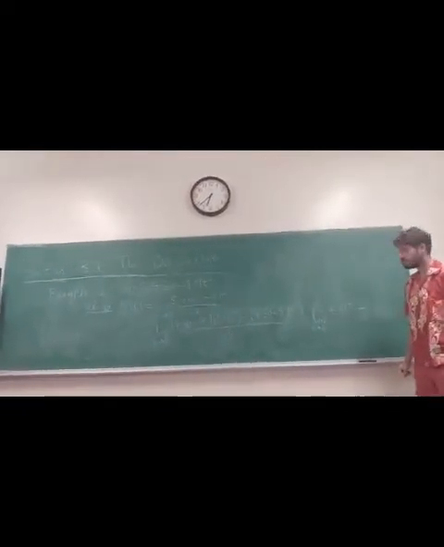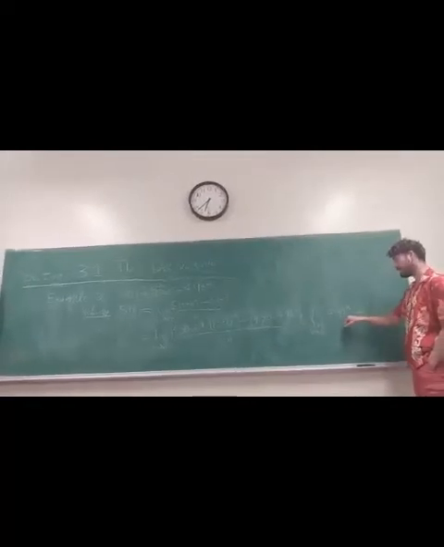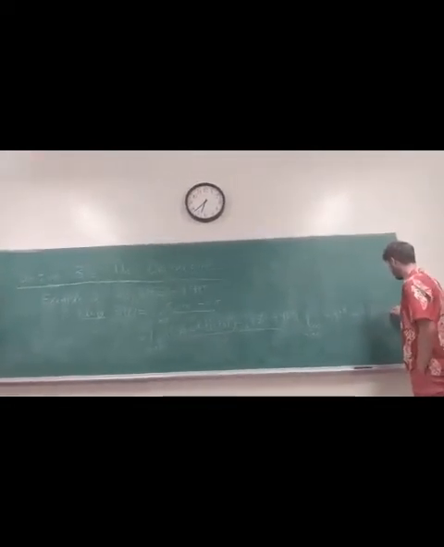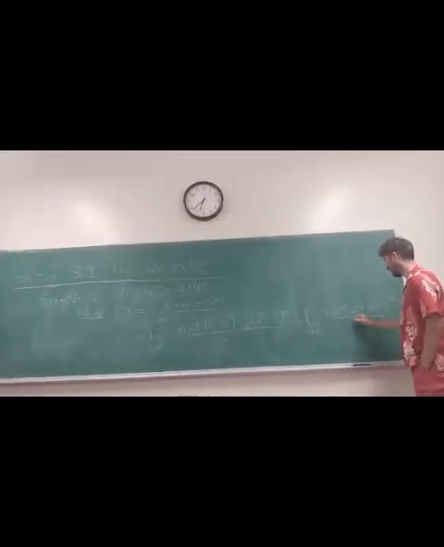The negatives cancel, so we're left with 4.9 t squared minus 4.9 times t plus h squared, all over h.